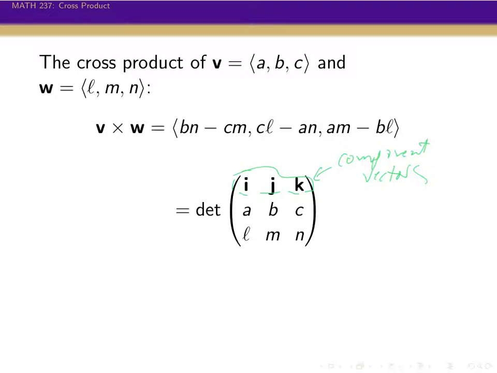Whatever is being multiplied by j, that's going to give you the y component. And whatever is being multiplied by k, that's going to give you the z component. Note that for the two other rows, the middle row is coming from v, and the bottom row is the components of w. So it's this funky i, j, and k up on top, and then in the middle row you put the components of v, and in the bottom row you put the components of w.